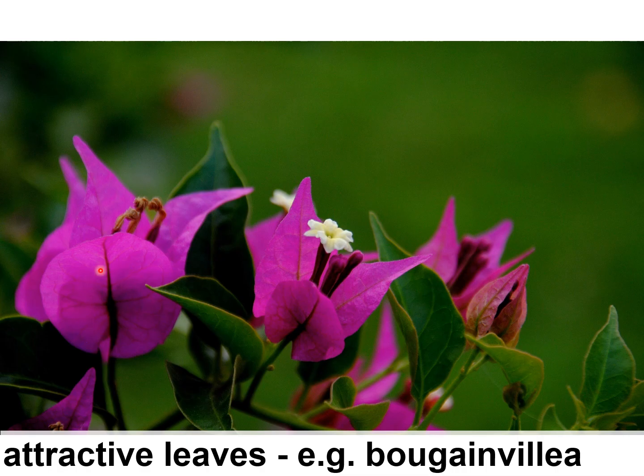This is not the petal, but this is the modified leaf. And the main function is to attract pollinators because their flowers are small and not colorful enough to attract pollinators. So they modify the leaf into an attractive leaf, or sometimes we call this structure a bract, B-R-A-C-T.